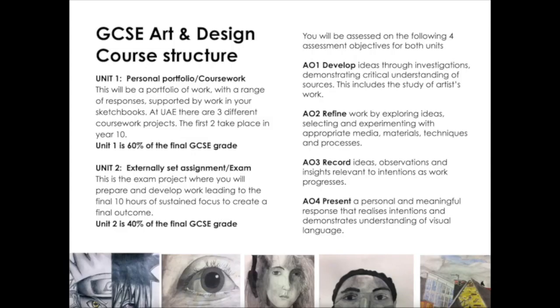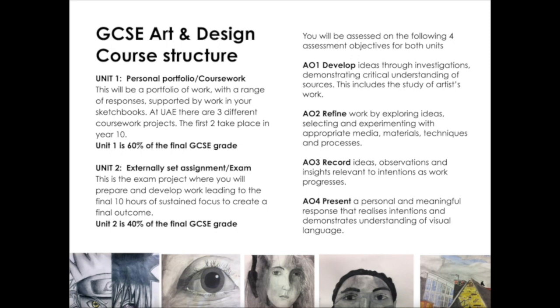The GCSE Art and Design course is broken down into two components or units. Unit 1 is worth 60% of the final grade and takes up the bulk of the course in Year 10 and Year 11. We have 3 coursework projects, two that take place in Year 10 and the final one in Year 11.